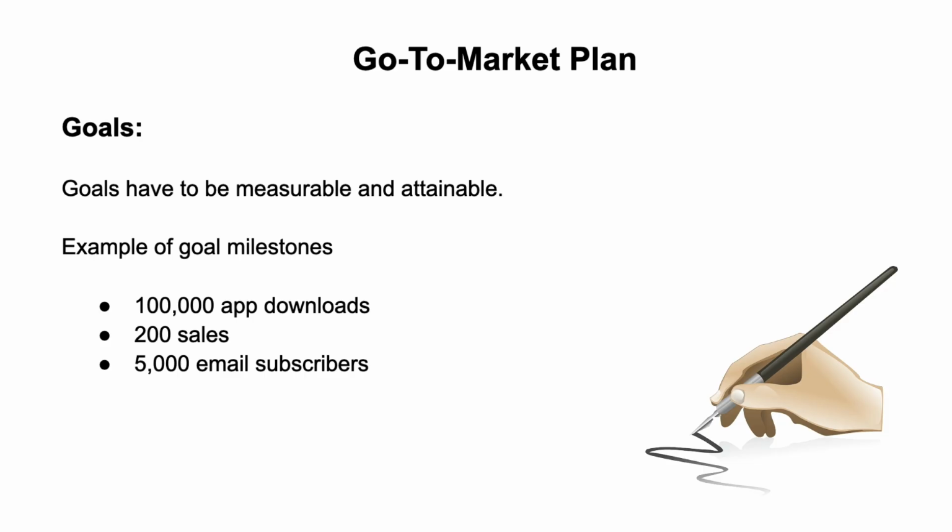Now I want to begin putting our go-to-market plan together with you so that we can have everything organized in a document. Now, the very first thing you want to think about are your goals, because without goals, it's impossible to strategize. And the goals will generally come from your management team.